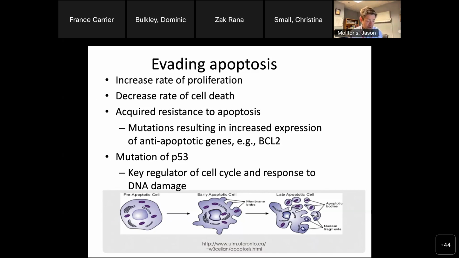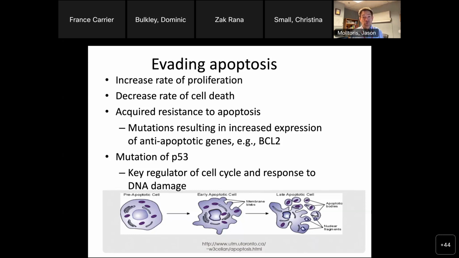The most common method for loss of apoptosis is through the p53 protein, and more than half of cancers have a p53 mutation, resulting in a missing, non-functional, or depressed function of p53. We'll talk about that a little bit more later.